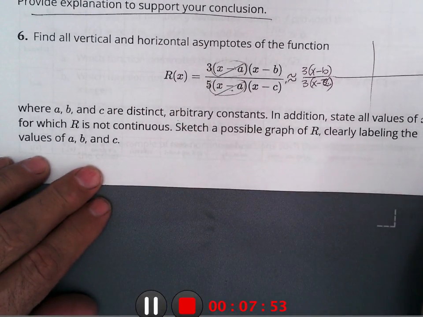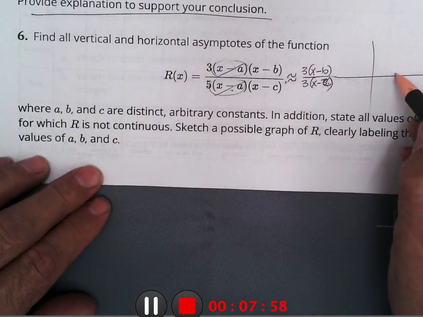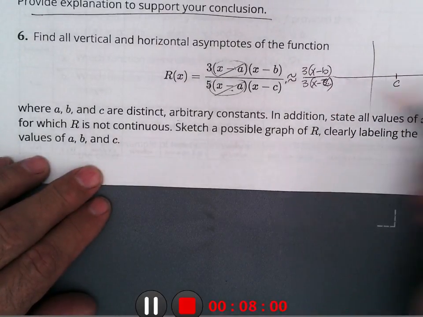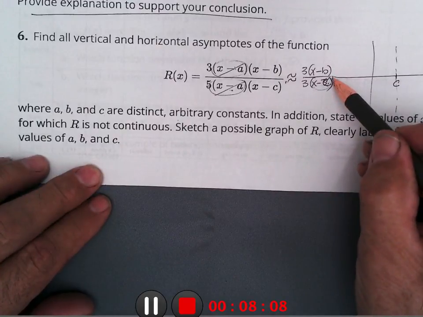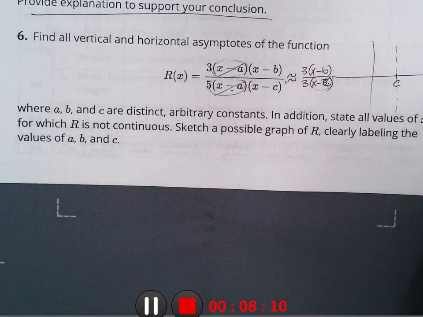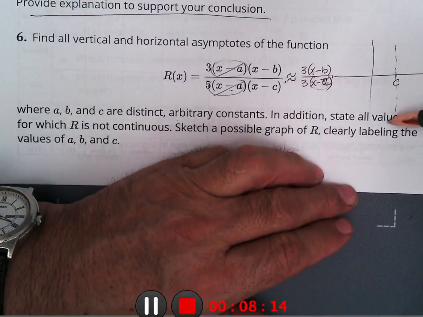Well, at c, so let's just say c was here, this is going to have a vertical asymptote. And since it happens only once, it's not squared or cubed or anything, then the actual curve has to go in opposite directions as you approach it.